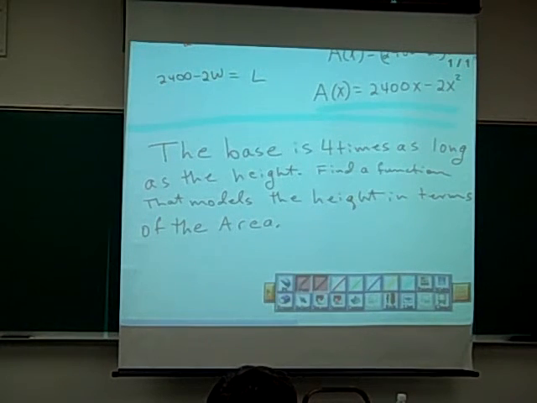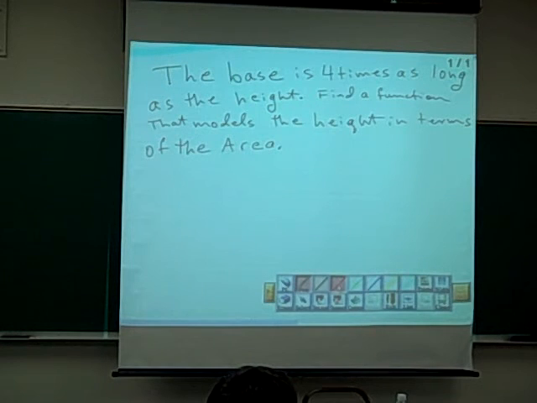Okay? So first of all, we're modeling what here? Height in terms of area, right? So we want h of a, which means which one's the variable? A. A is the variable, right? What is the equation? In other words, what are we going to be solving for?